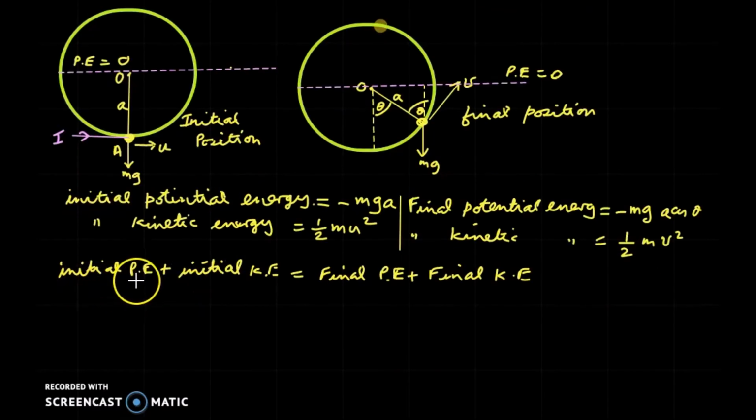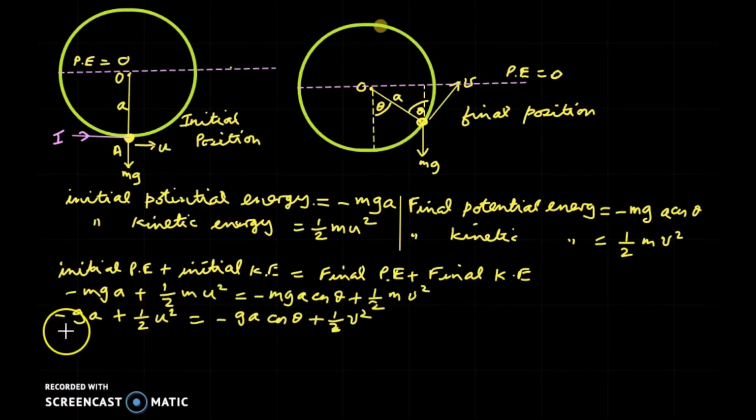Then initial potential energy plus initial kinetic energy equals final potential energy plus final kinetic energy. Then we get this. m cancels out. When we simplify this, we get this equation. Let that equation be equation number 2.